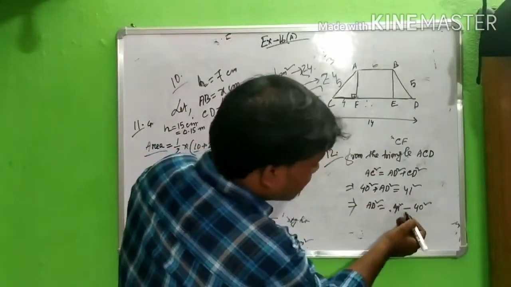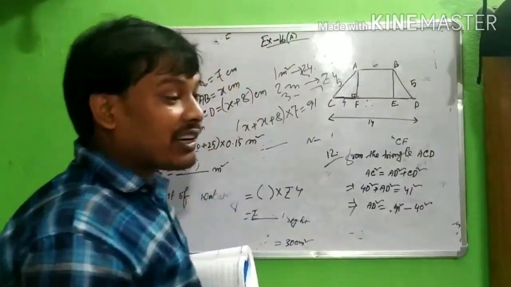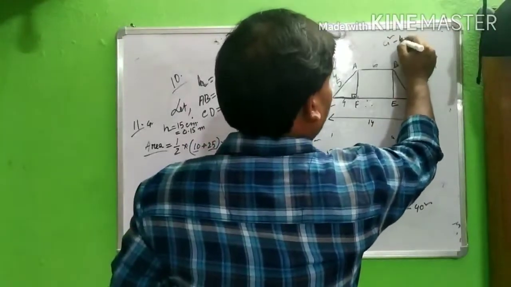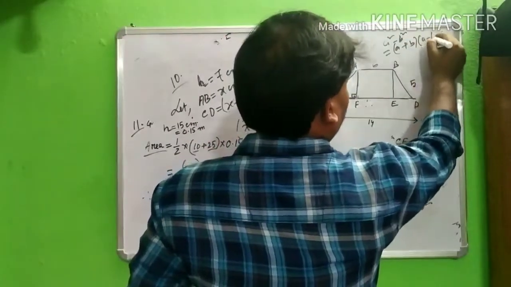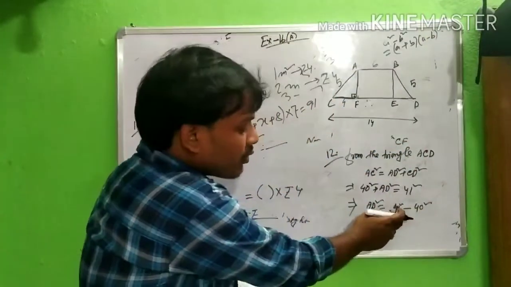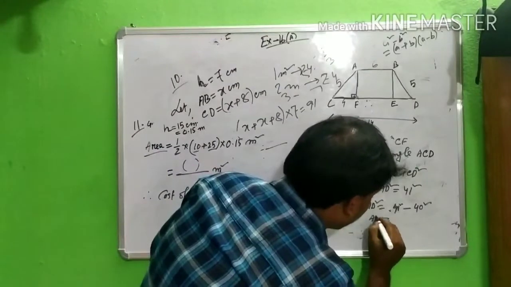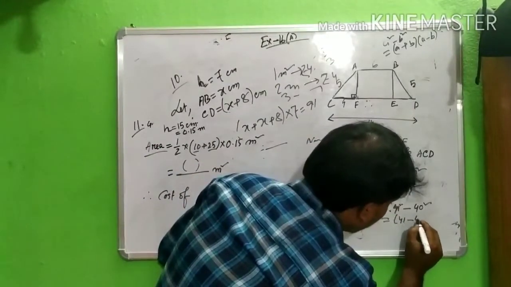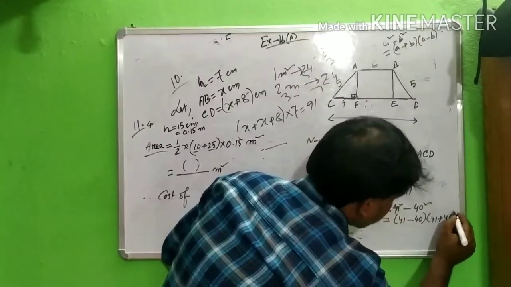You can find this value by using the formula you already used in factorization: A square minus B square equals A plus B into A minus B. So AD square equals 41 minus 40 into 41 plus 40.